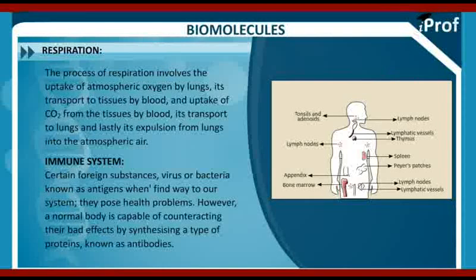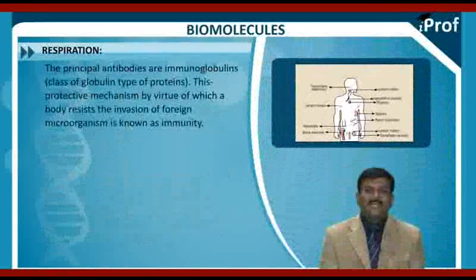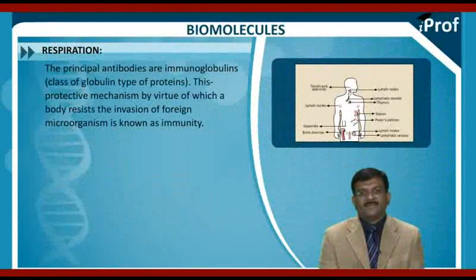However, a normal body is capable of counteracting their bad effects by synthesizing a type of proteins known as antibodies. The principal antibodies are immunoglobulins, a class of globulin type of proteins.